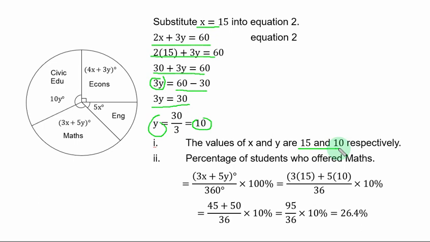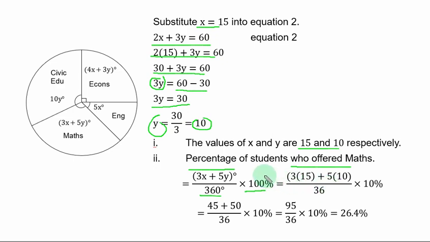Roman figure 2, percentage of students who offered mathematics, that is sectorial angle for students who offered mathematics over total angles times 100%. So you have to replace s with 15 and y with 10 in this form over 360.